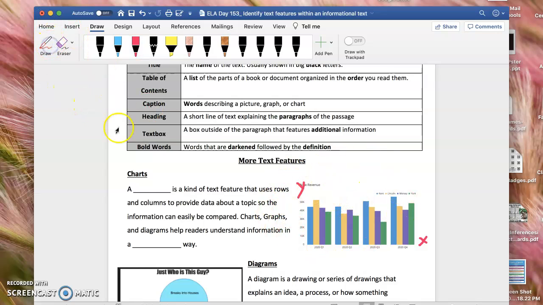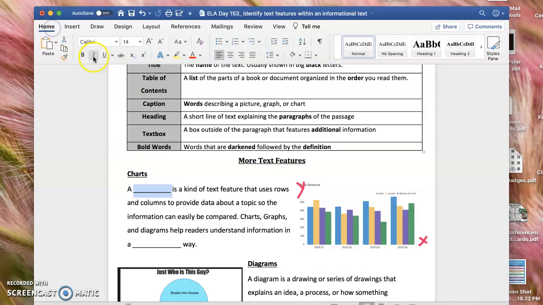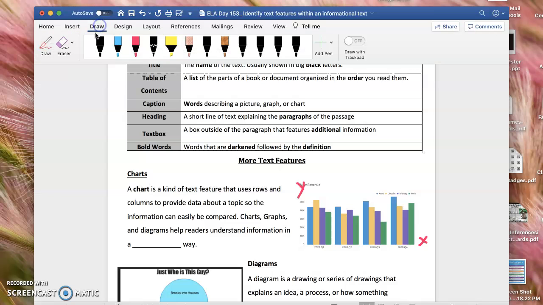Okay. So a chart is a, I'm sorry, I drew a blank. I'm sorry, y'all. A chart is a kind of text feature that uses, I'm going to underline this, rows and columns.